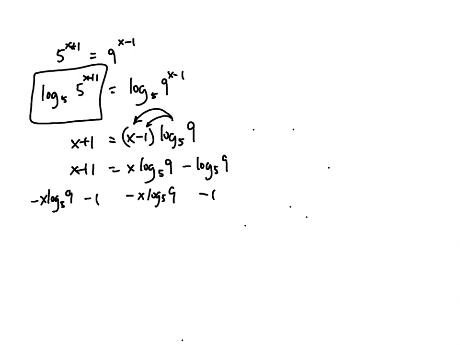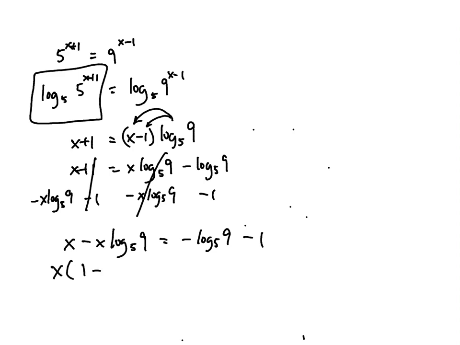So I end up getting x minus x log base 5 of 9 equal negative log base 5 of 9 minus 1. I still have to factor the x out. So you're left with x times the quantity 1 minus log base 5 of 9.